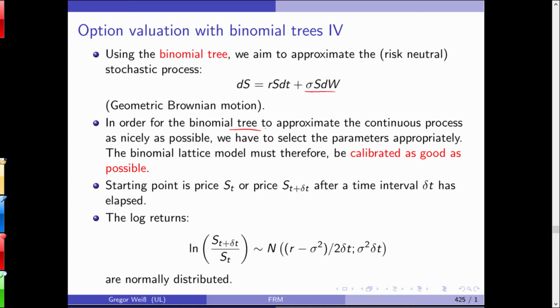The log returns, as you might remember, are normally distributed in this case. So ln of S_{t+Δt} over S_t is distributed according to a normal distribution with (r minus sigma squared over 2) Δt as the expected value and sigma squared times Δt as its variance. Now, for the binomial process to be as good as possible, we would expect the log returns to exactly show these parameters on the binomial lattice as well.